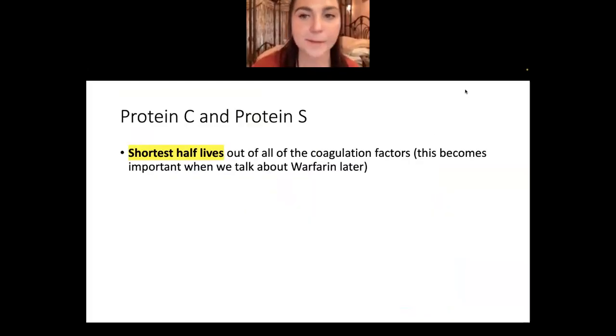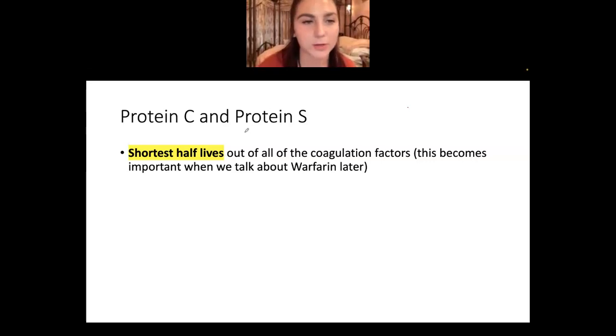Okay. And just as a quick side note, this will make sense with something we're going to talk about later, but protein C and protein S have the shortest half-lives out of all the coagulation factors. I know that these are technically not coagulation factors. They're just natural circulating anticoagulants. But if you put protein C, protein S, antithrombin 3, and all the coagulation factors together, these have super short half-lives.